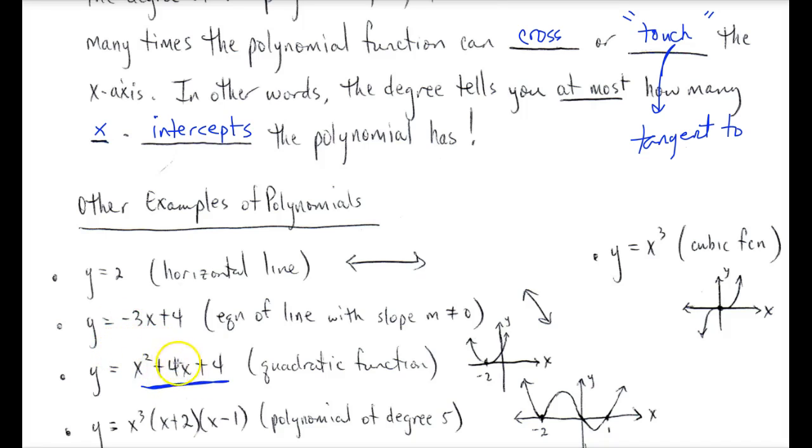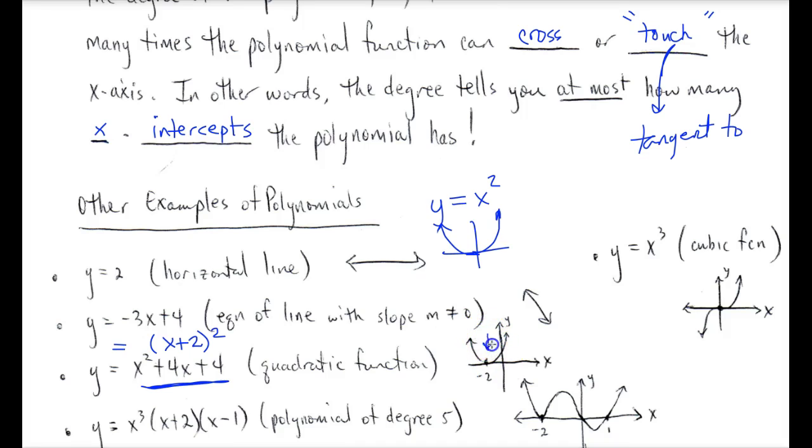If I were to write this in a simpler form, this would just look like x plus 2 quantity squared. That basically looks like the graph of x squared, which looks like a U. But the only thing that's different now is, since it has x plus 2, this graph is shifted over to the left 2 units. So that's why it looks like this.